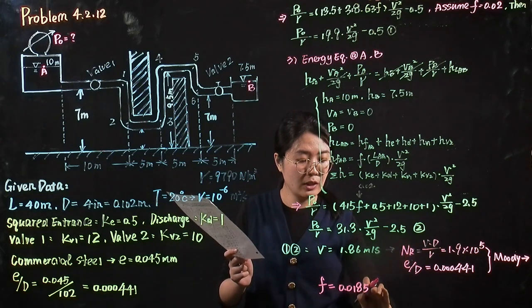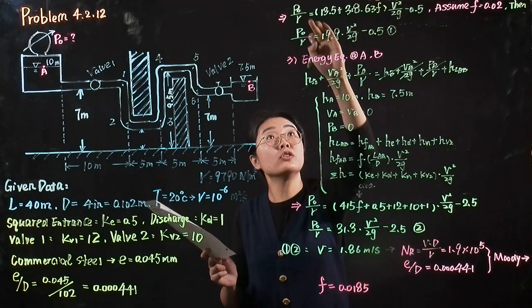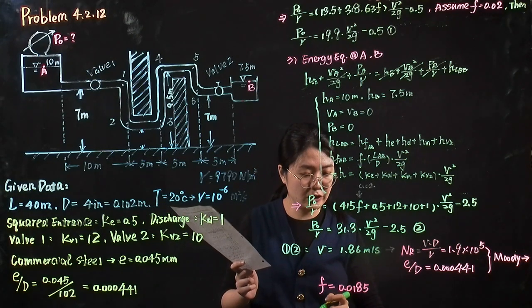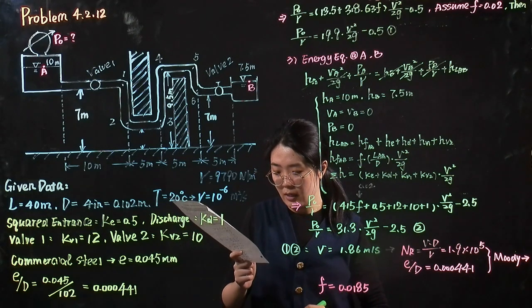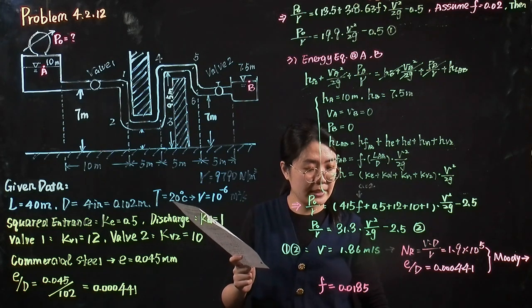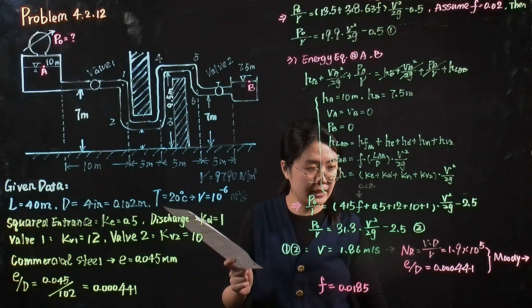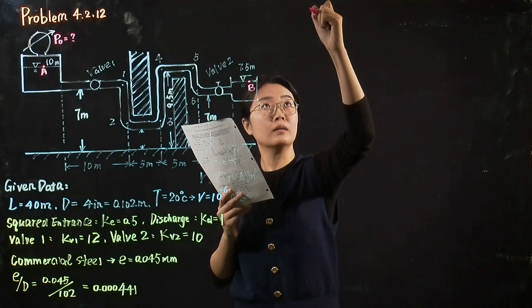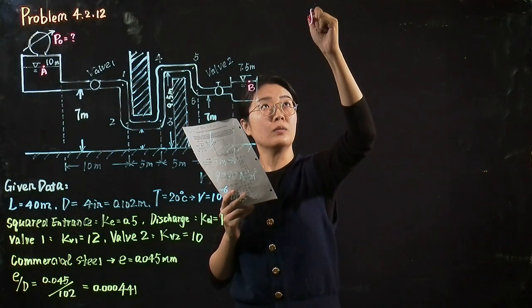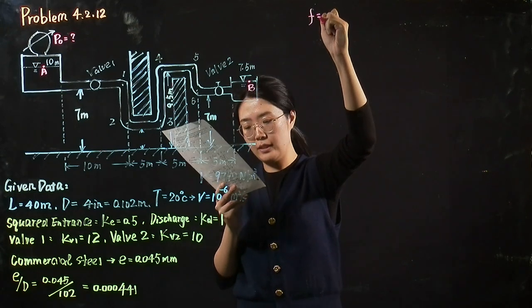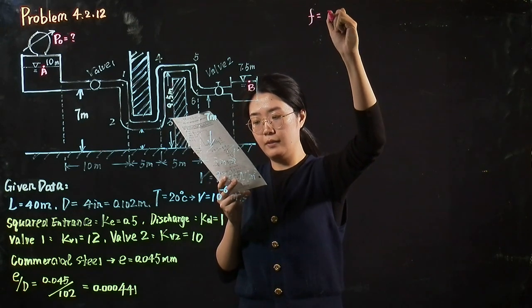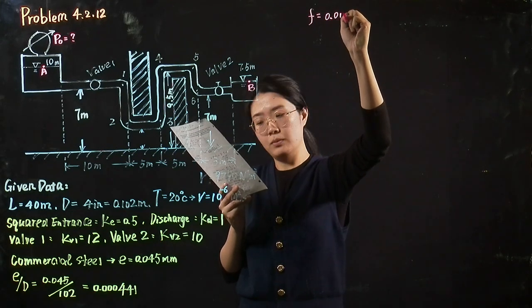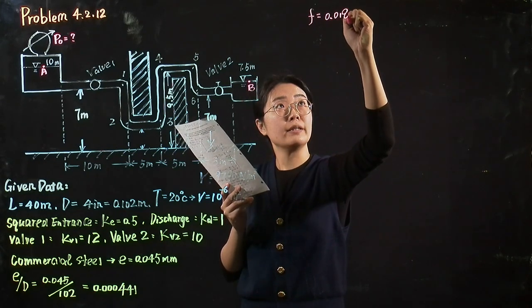So after we bring this value into these two equations, we will get the updated equations when the friction factor equals 0.0185.